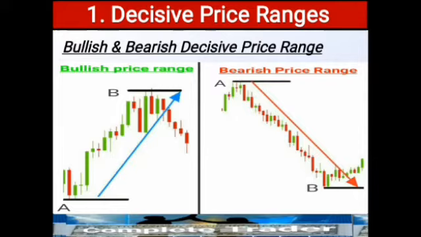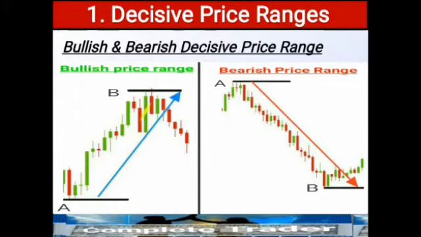So if you look at it, you will find it is almost like the candlestick we talked about. The bullish candlestick opens at a low price and closes at a higher price. So the bullish price range starts from a point A and closes at a point that is higher than point A. So in this case, price moved from point A to point B, and we saw that it's a decisive price move without any retracement in between.